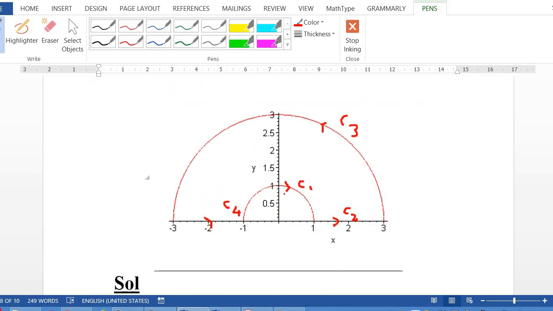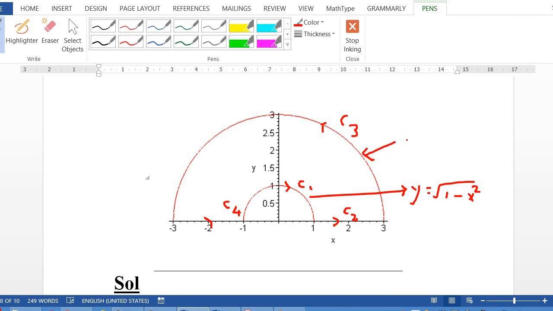C1 is actually y equal to the square root of 1 minus x squared. When you square it back, this is actually the circle with radius 1. But y equal to the positive root means it is the upper semicircle with radius 1.